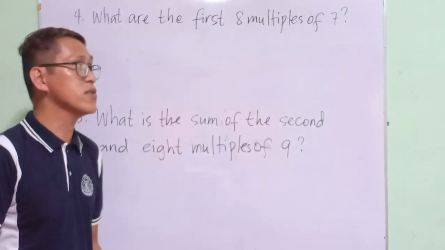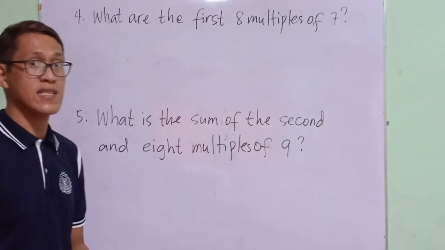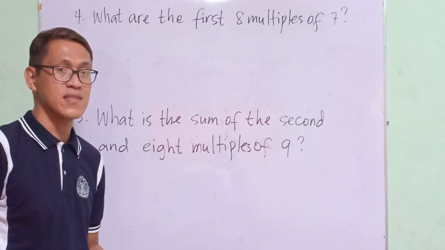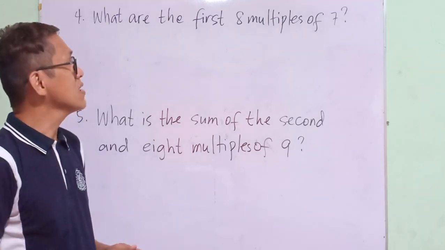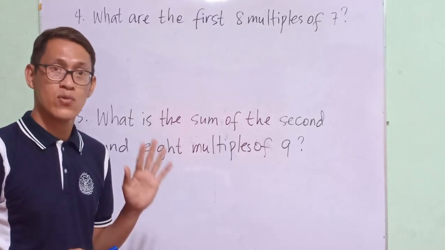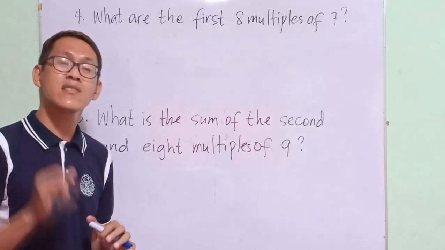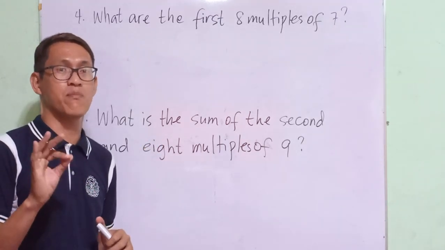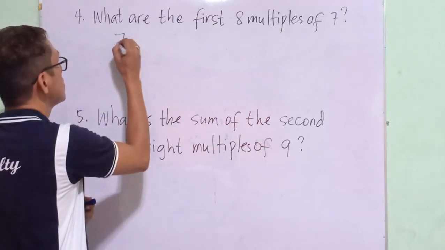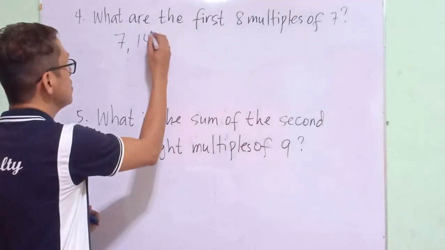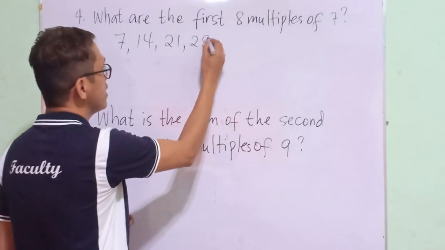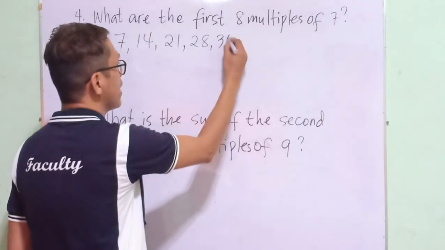Now let's go to number 4. What are the first 8 multiples of 7? So we have to list down 8 multiples of 7. Again, to get the multiples of a number, start multiplying by 1, by 2, by 3, and so on. So let's start. 7 times 1 is 7. Times 2 is 14. Times 3 is 21. Times 4 is 28. Times 5 is 35.